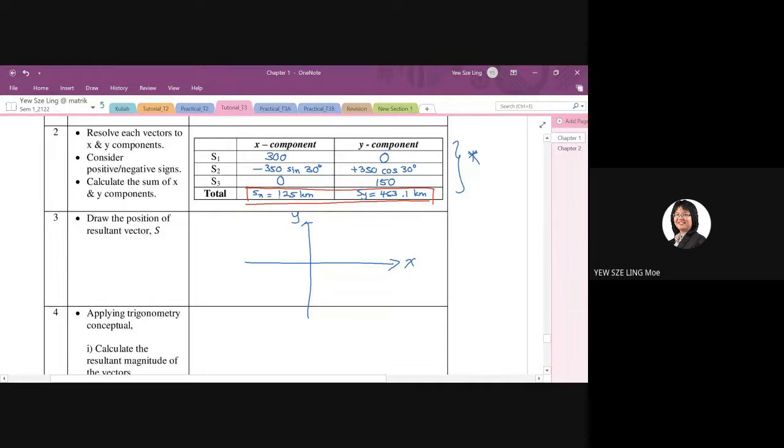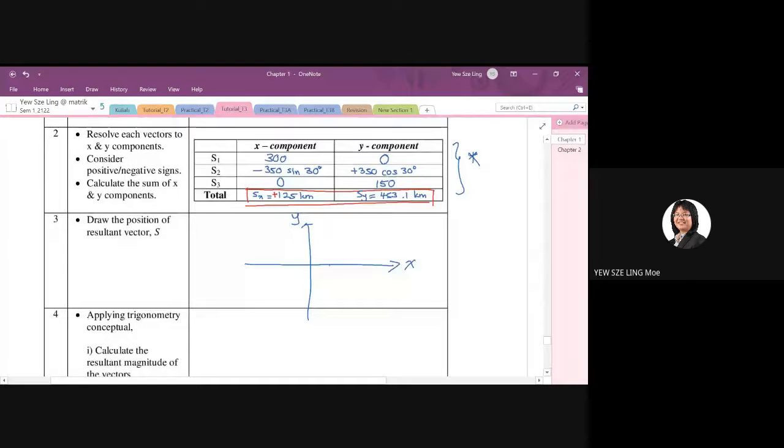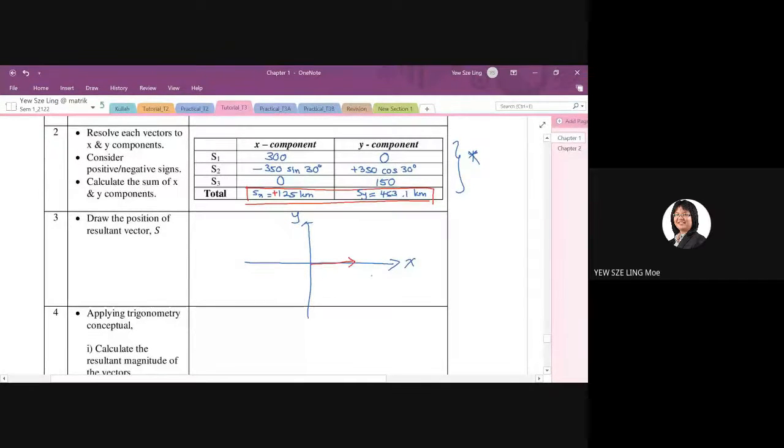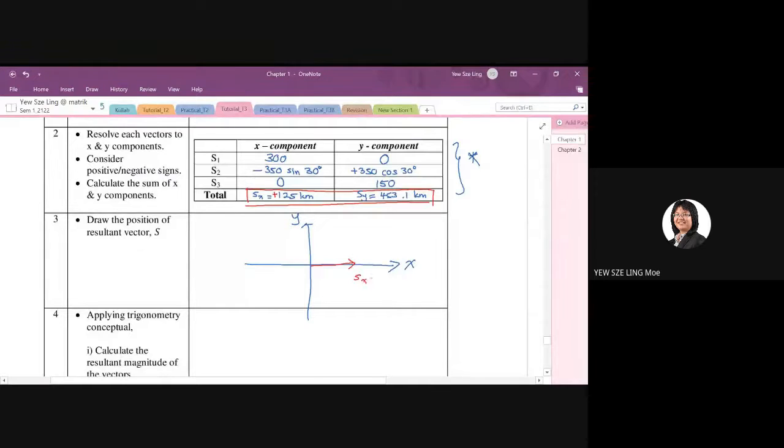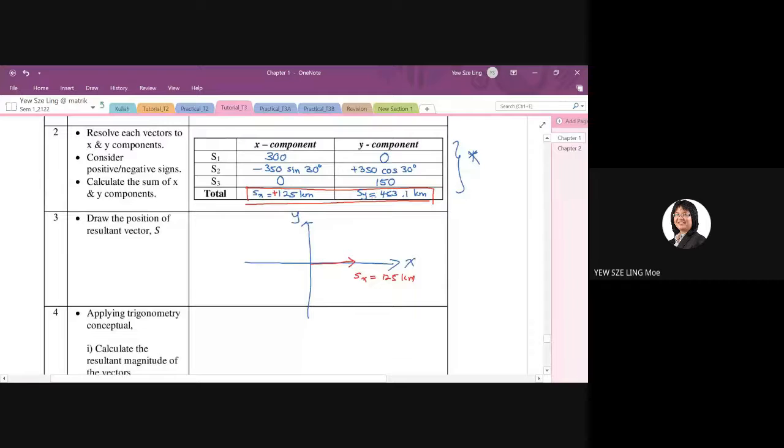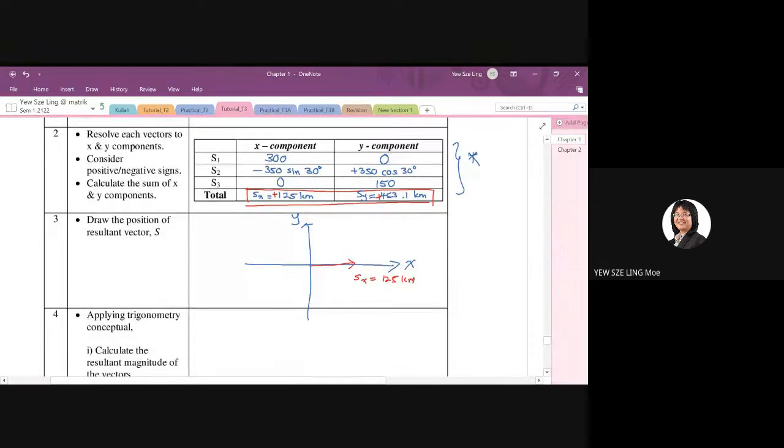So Sx is a positive value. Positive means it's going to the right-hand side. So this is my Sx, which is equal to 125 km. Sy is also a positive value. Positive means it's going upwards.